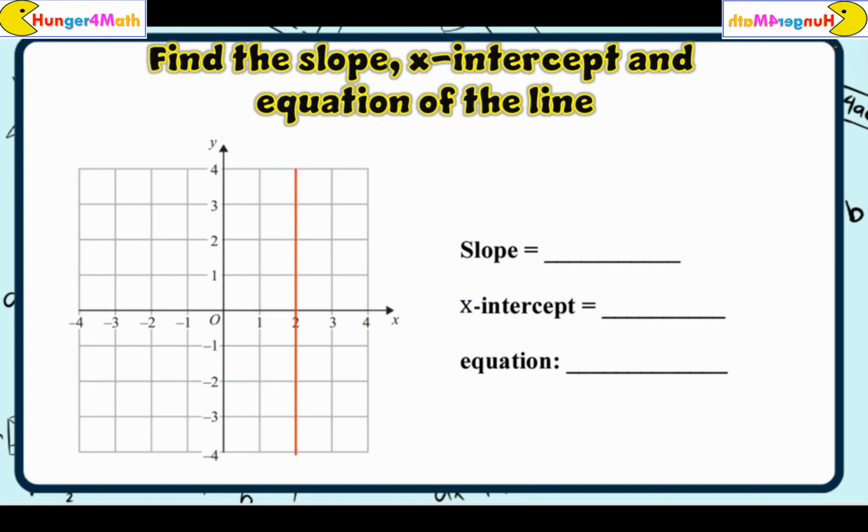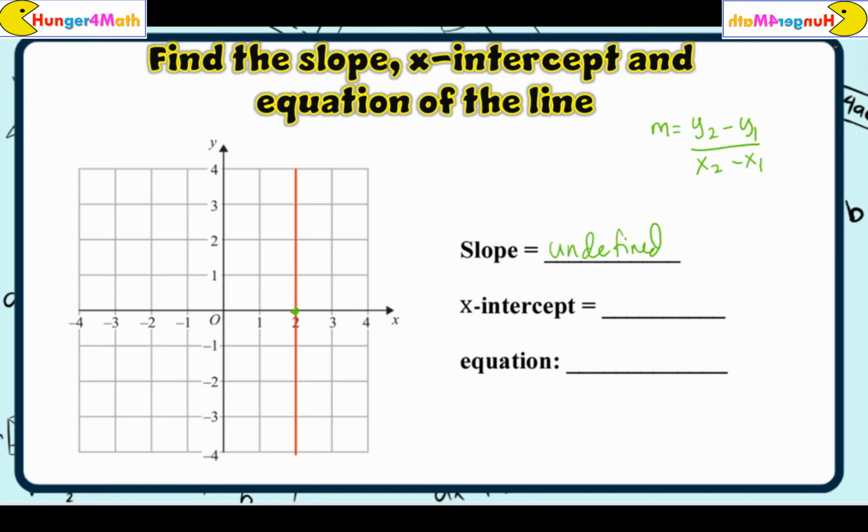Here we're going to find the slope, x-intercept, and the equation of the line, wherein the line is parallel to the y-axis. For the slope of this line, this will be undefined. Because if we solve for the slope, that is y sub 2 minus y sub 1 over x sub 2 minus x sub 1, wherein the value of your x is always 2.